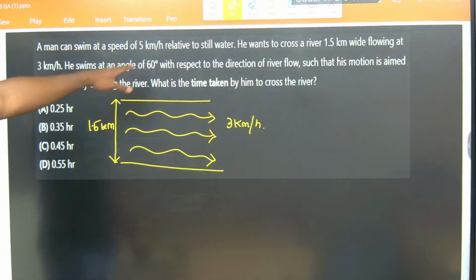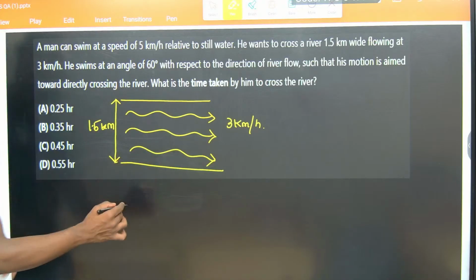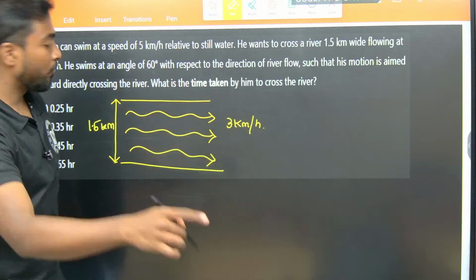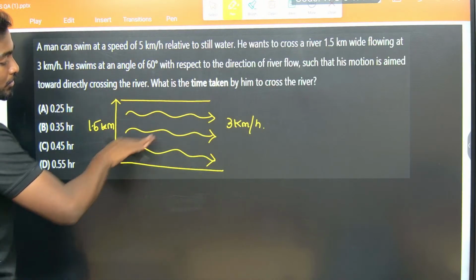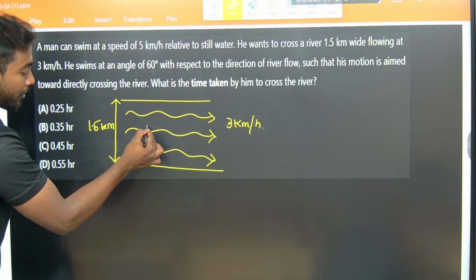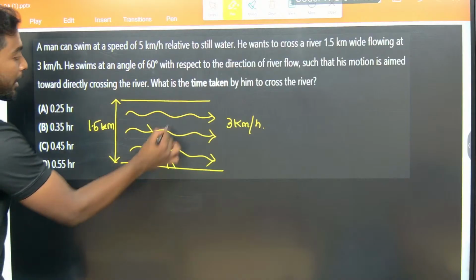He swims at an angle of 60 degrees with respect to the direction of the flow. If I draw it like this, this will be my angle theta.